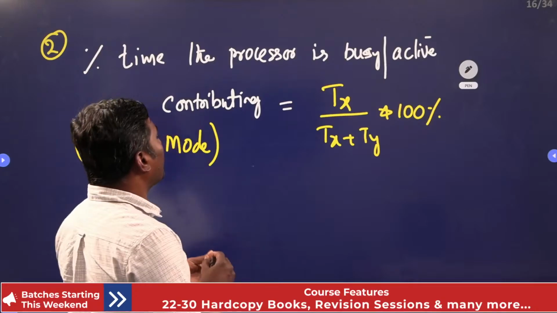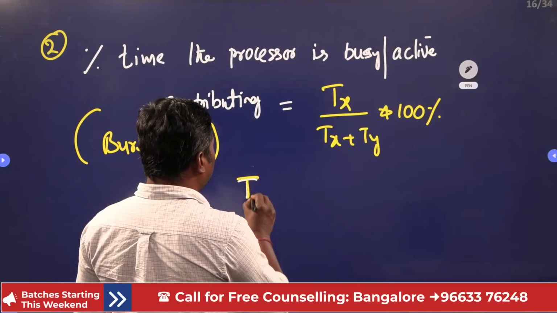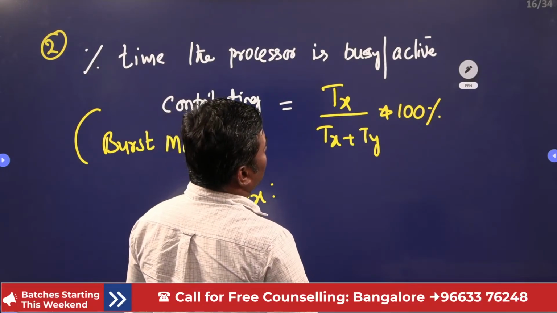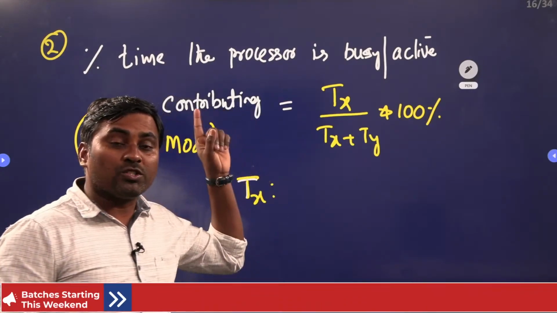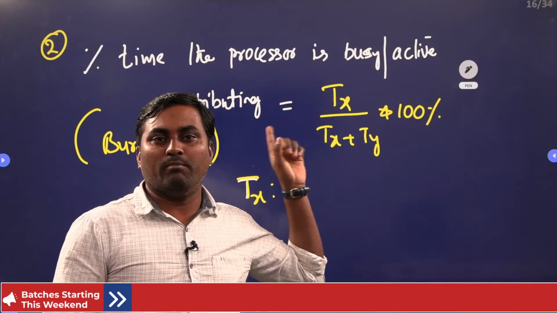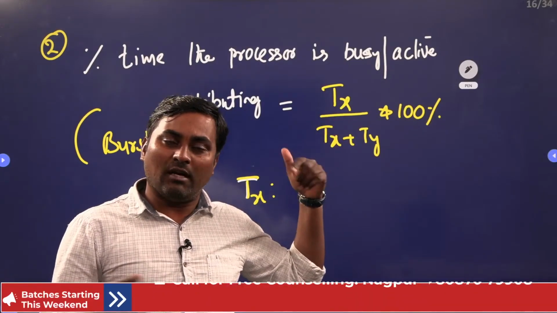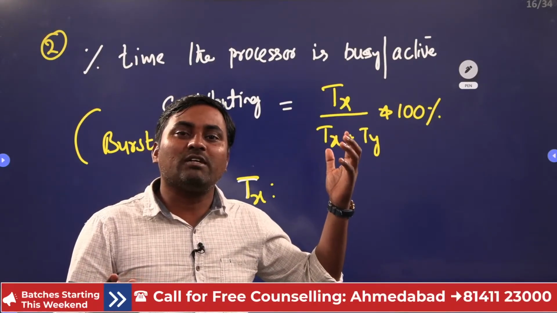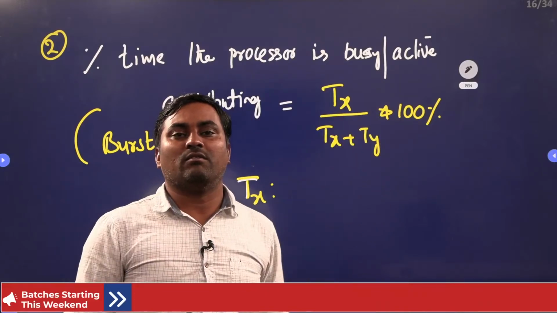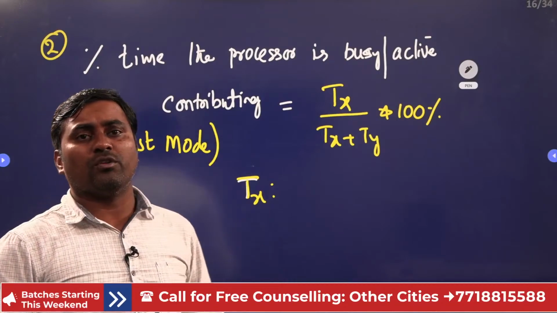Now what would be the Tx here? Understand, the question is reversed. We are not asking how much percent is blocked in burst mode, since in burst mode it is mostly blocked. We are asking, in reverse, how much percentage of the time the CPU is active for initialization, or busy contributing some work to the DMA controller.